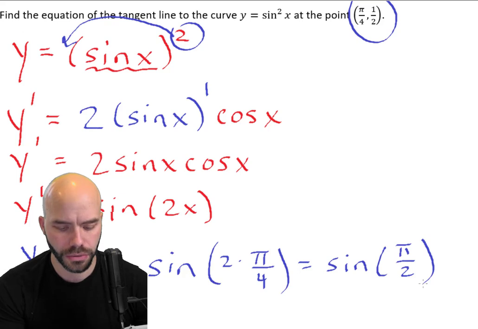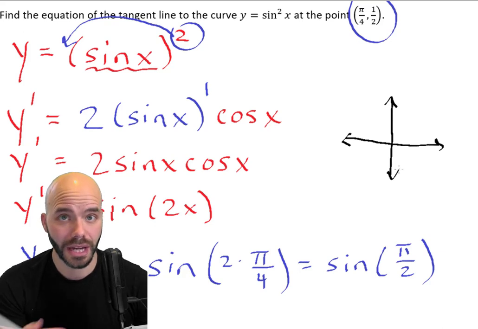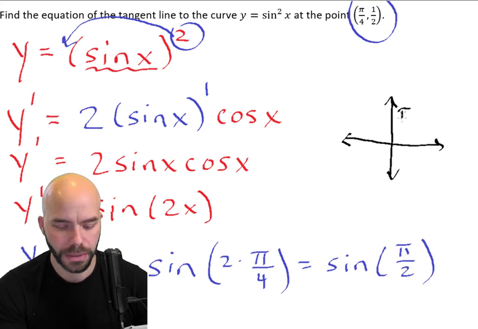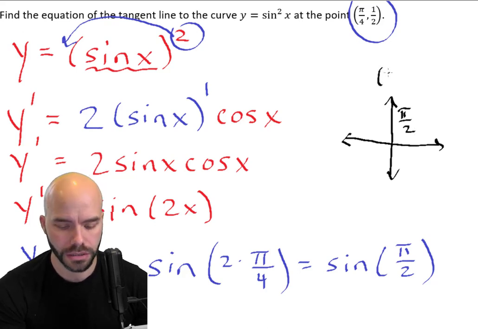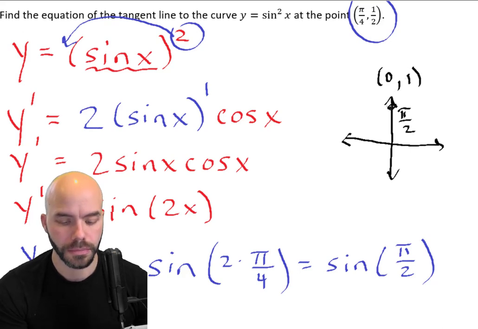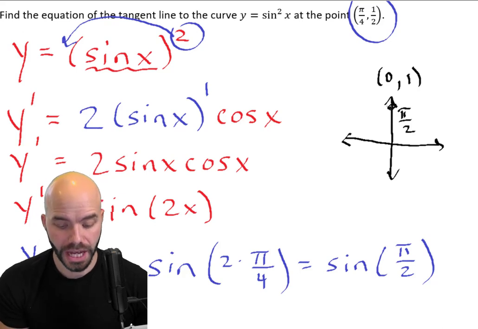We don't have to sketch the whole thing, obviously. We just think about where pi over 2 is. Pi over 2 is the 90-degree angle. So here's pi over 2. Remember, that exact value on the unit circle would be, we didn't go any left or right, so 0. We went 1 up, so 1. Remember, sine is the y value at an angle. So sine at pi over 2 is equal to 1.